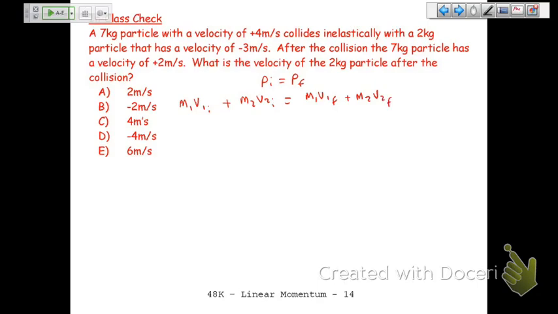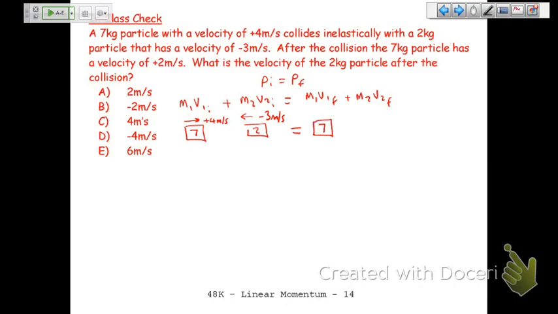Let's draw a picture of it. So this is my 7 kilogram mass, and it's going at 4 meters per second, so that's a plus 4 meters per second. And it's going to combine with a 2 kilogram mass, which is going in the opposite direction, at minus 3 meters per second.